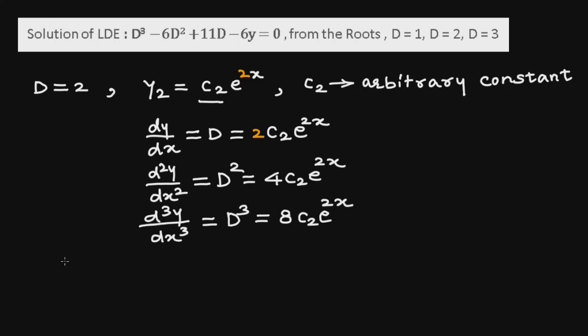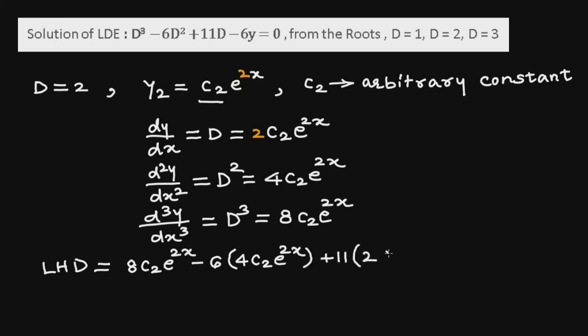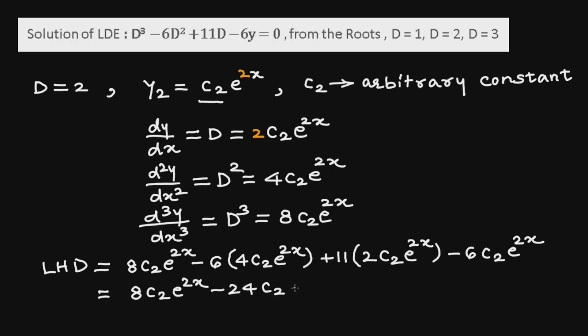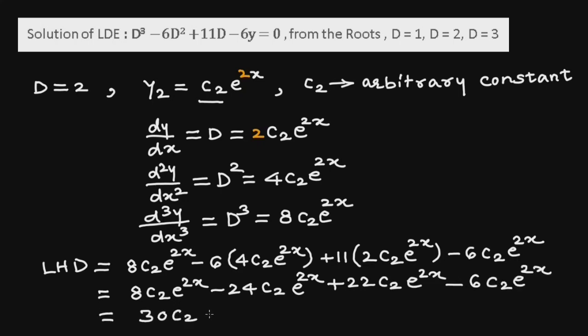Substituting these values, the left hand side of the linear differential equation will be 8c2 e raised to 2x minus 6 into 4c2 e raised to 2x plus 11 into 2c2 e raised to 2x minus 6c2 e raised to 2x, equals 8c2 e raised to 2x minus 24 c2 e raised to 2x plus 22 c2 e raised to 2x minus 6 c2 e raised to 2x, which is 30 c2 e raised to 2x minus 30 c2 e raised to 2x.